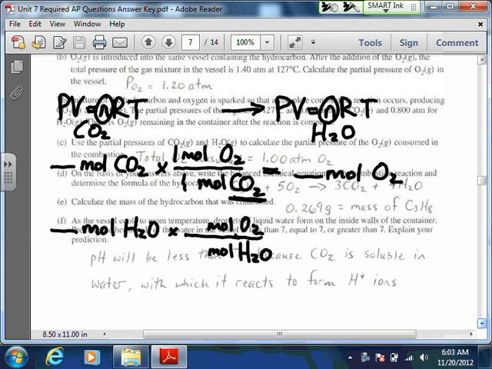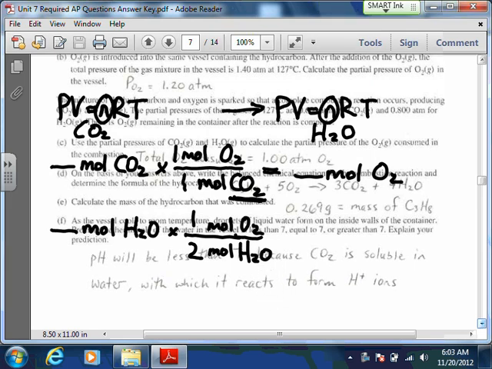You could say for every 1 mole of H2O I have half a mole of O2, or I could say for every 1 mole of O2 it's going to take 2 moles of H2O to give me 1 mole of O2, right? Because there's only 1 oxygen in H2O. Alright, so we have half a mole of O2 in H2O, if that makes sense.